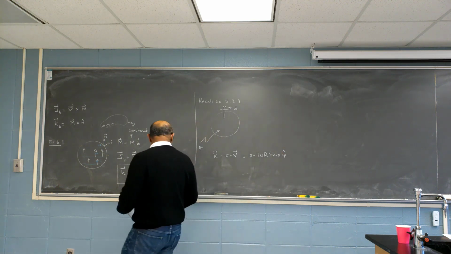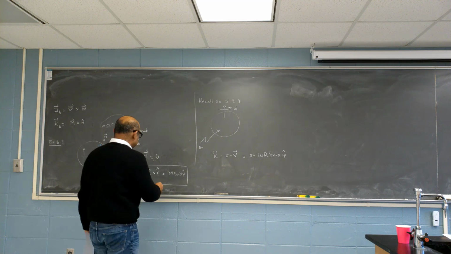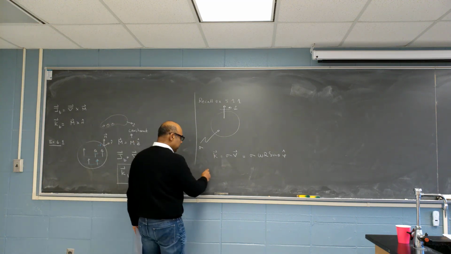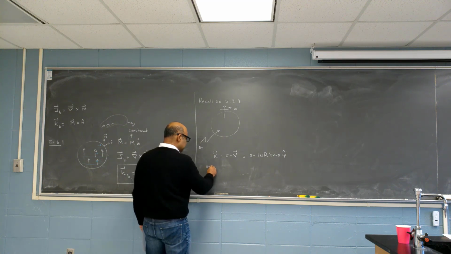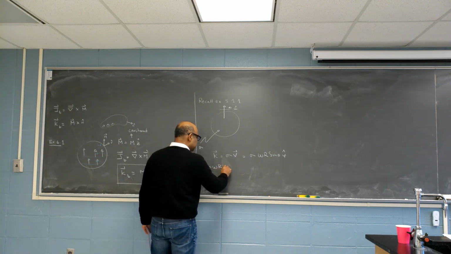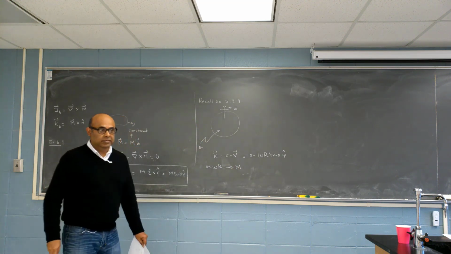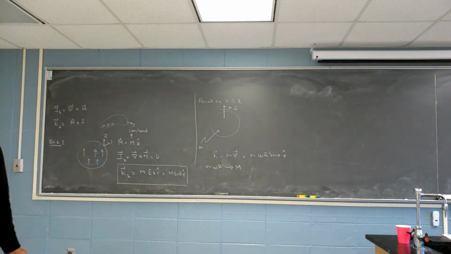So by analogy, this problem is exactly like this problem, where you identify sigma omega R and simply replace it with M. So thankfully, we don't have to redo this problem.